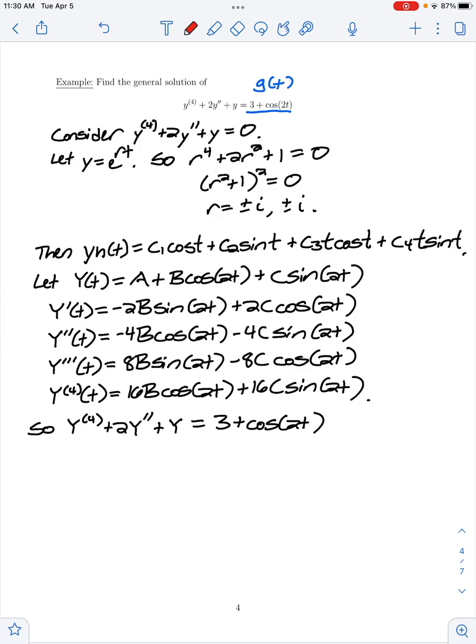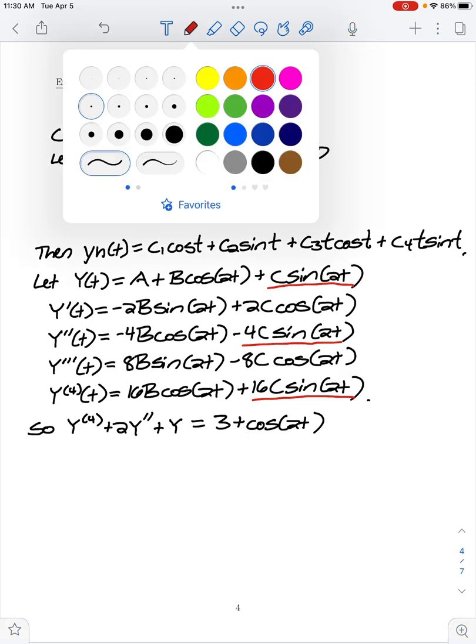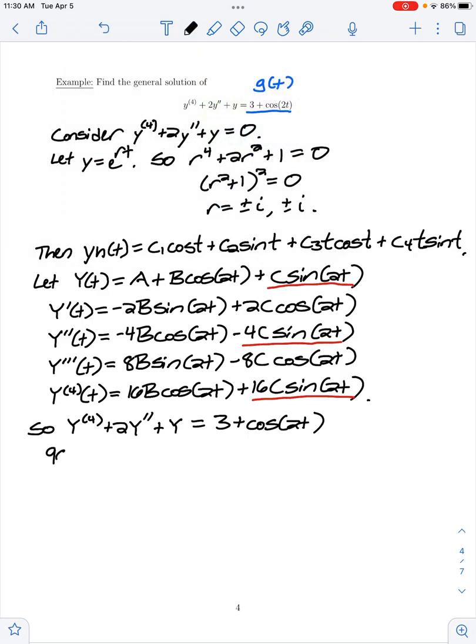And so let's see what we have when we substitute these terms into the left-hand side and collect like terms. So I'm looking at my fourth derivative, the second derivative, and the original function. So let's group the sine and cosine of 2t terms together. So starting with the sine terms, for the fourth derivative plus 2 times y double prime plus y, we are left with a total of 9c sine of 2t.